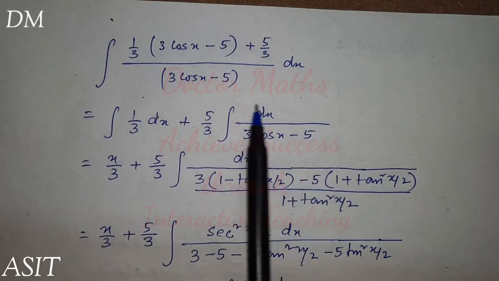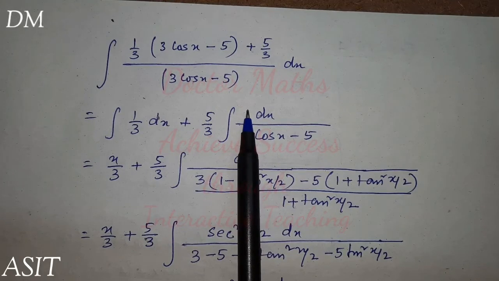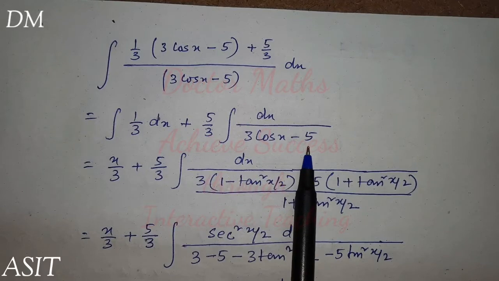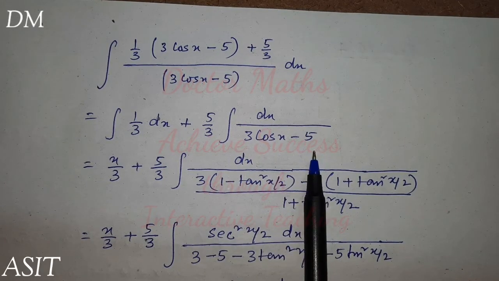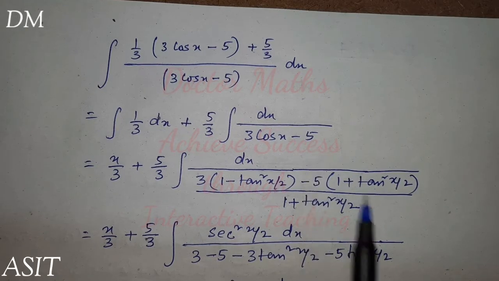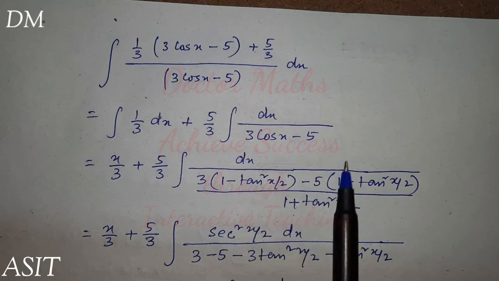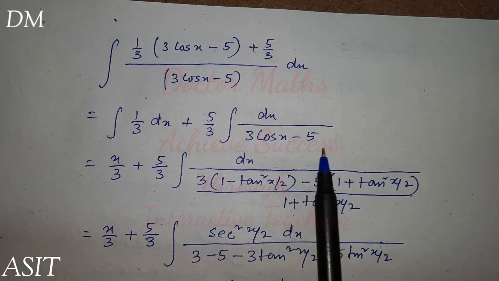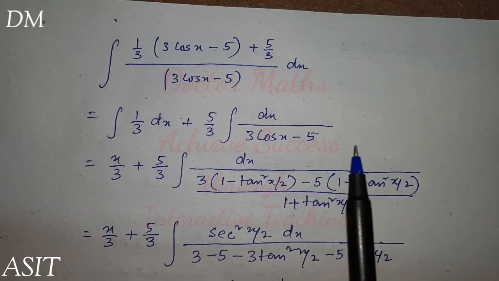Now we can see this is an integration where in the numerator there is only a constant term, and in the denominator there is a combination of sine, cos, and a constant term. As per the rule, we can write cos x as 1 minus tan square x by 2 by 1 plus tan square x by 2. Since there is no term of sin x, there is no need to replace sin x.